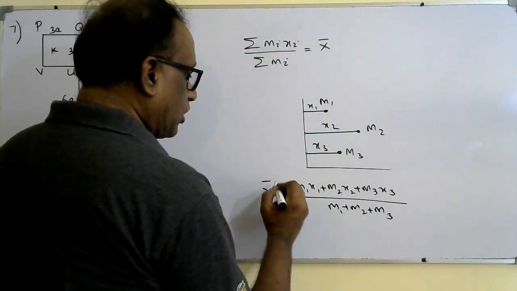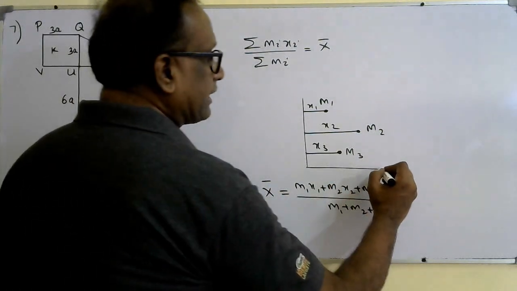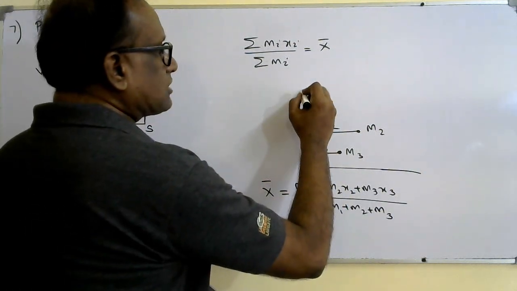That is the x coordinate of the center of mass, which means the distance of the center of mass from the y-axis.